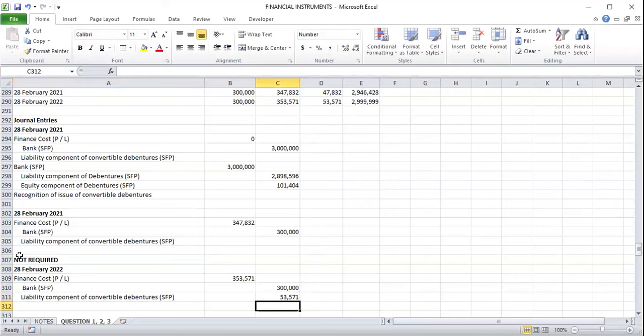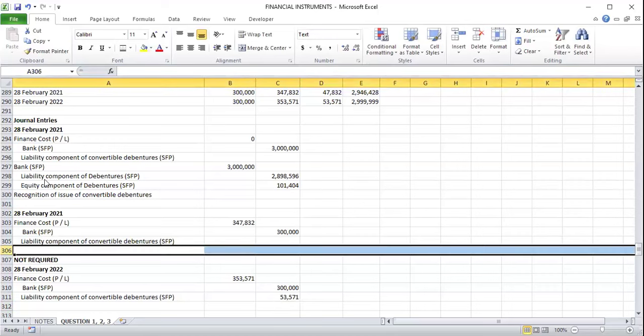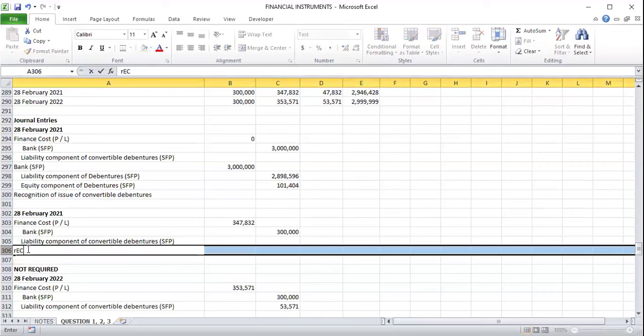So this is recognizing effective interest, payment and capital growth.